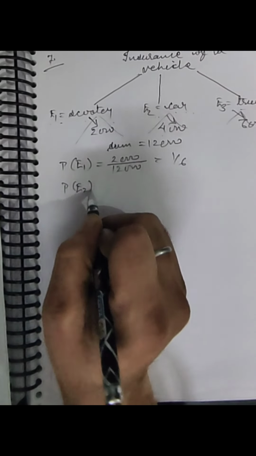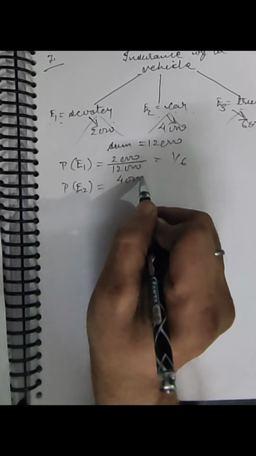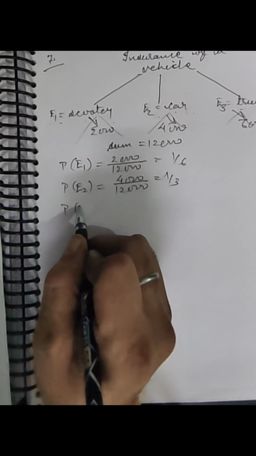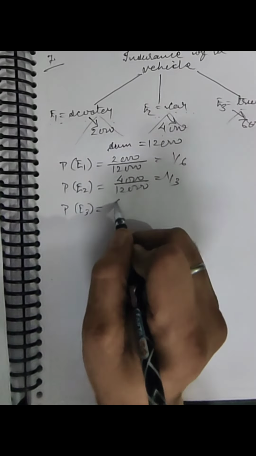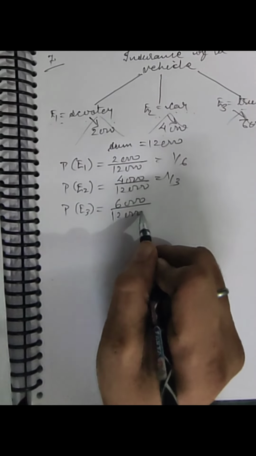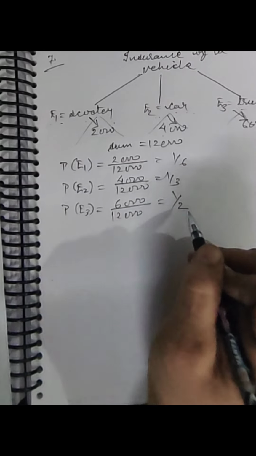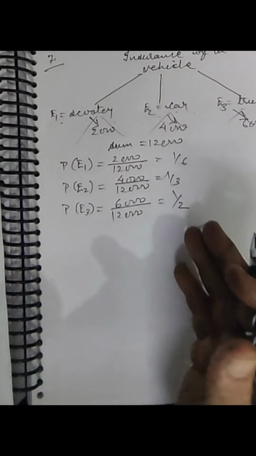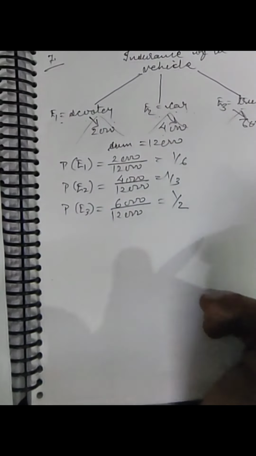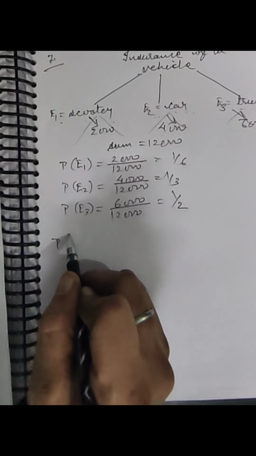Probability of E2, this is 4000 upon 12,000, is 1 by 3, and probability of E3, this will be 6000 upon 12,000, this is 1 by 2. So you can see sum of all these will be 1 for sure, because these only are making the whole theory.